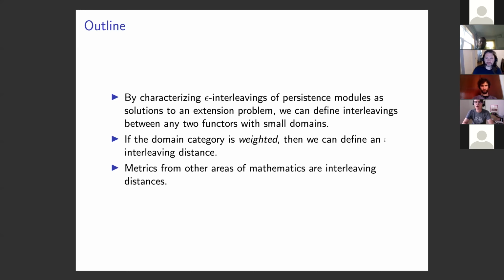And if these shape categories are in fact weighted categories, then we can get a distance out of it, a pseudometric, a logarithmic one. Also, as I mentioned, we discovered that metrics from other areas of math turn out to be just like interleaving distances.